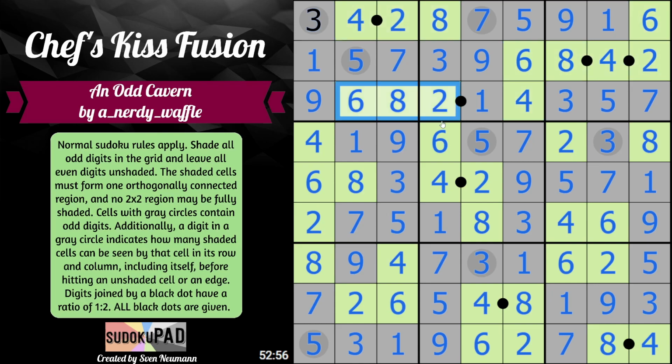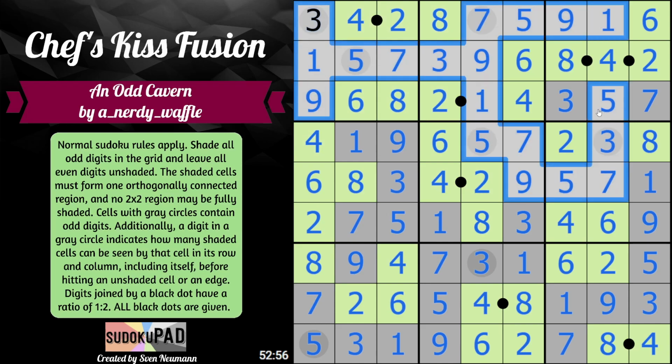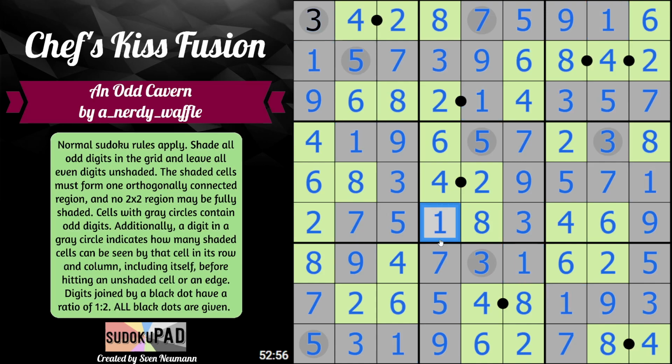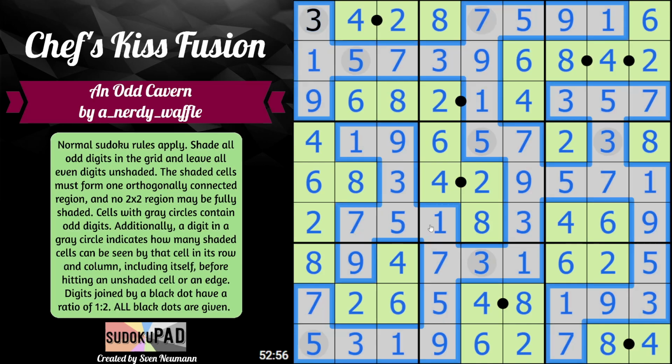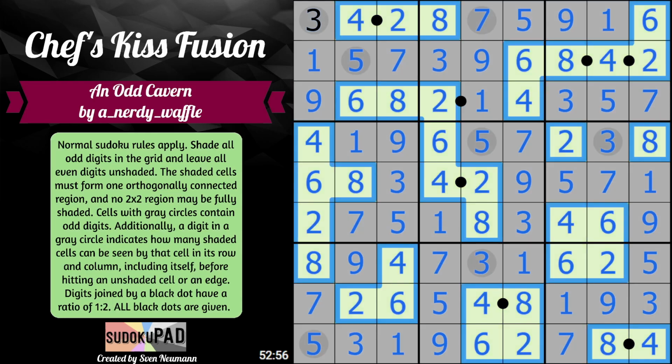The green is separated everywhere, but we have one nice cave network, an odd cavern, a cave made of our odd digits. Actually, there's a faster way to do that. Let me just go to colors and double click. And that's it.